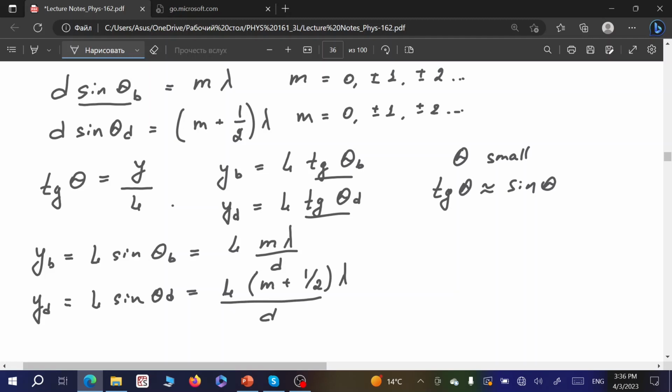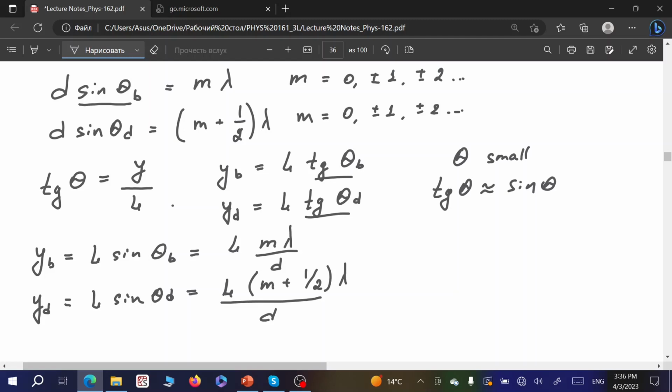So these are the relationships which provide us information on the position of the central part of the dark and bright fringes, the destructive and constructive interference conditions on the screen in both cases, either angular via angle theta or linear via y.